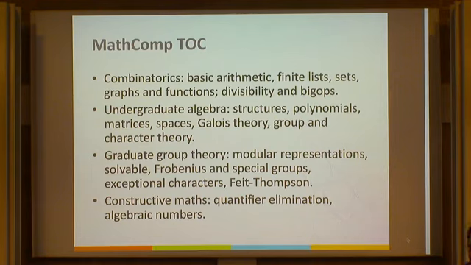And then there's quite a bit of undergraduate algebra and fancier group theory, which I won't get into today, and constructive math that is actually used in the second proof. I'll just mention it when we see it.